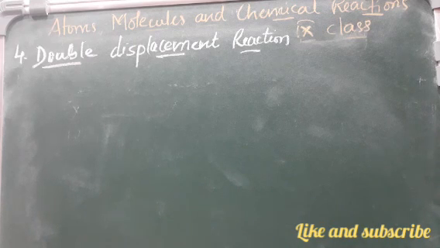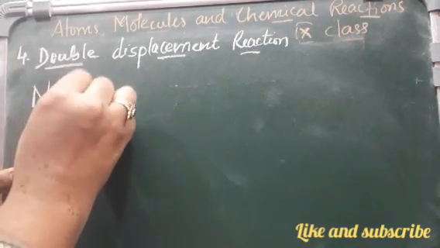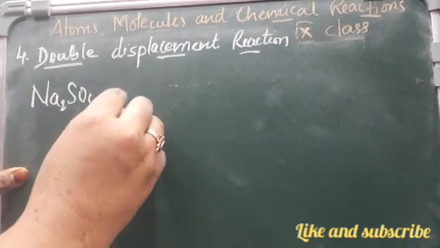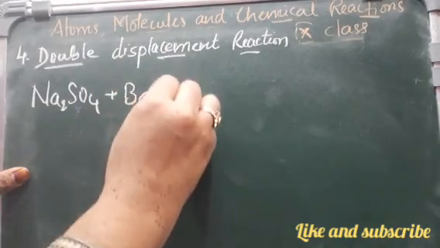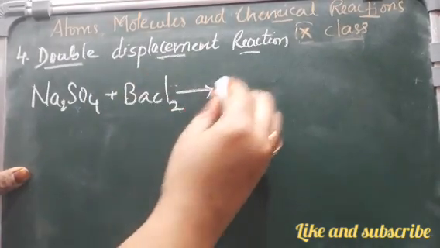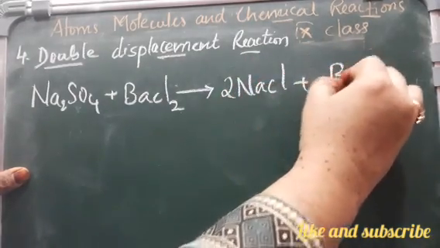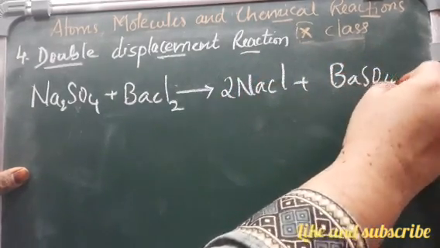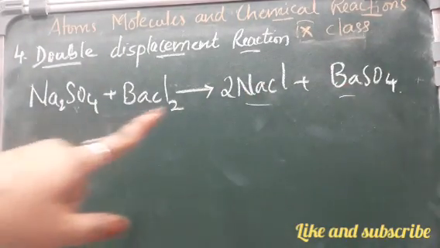For example, if we take Na2SO4 plus BaCl2, you can say that 2NaCl plus BaSO4 is the resultant. So you can see that there is a double displacement.